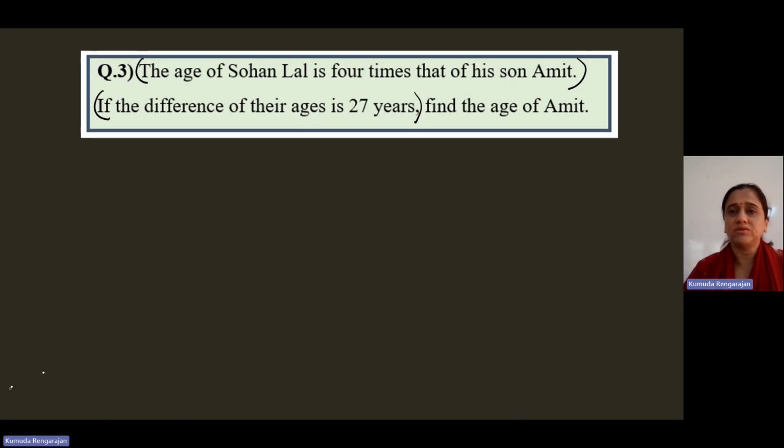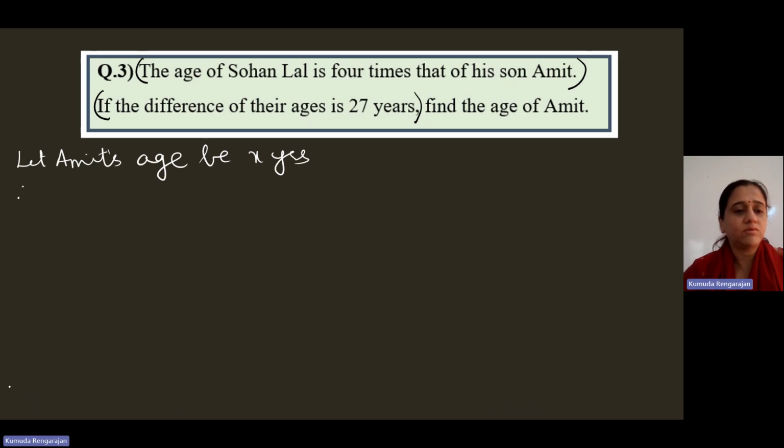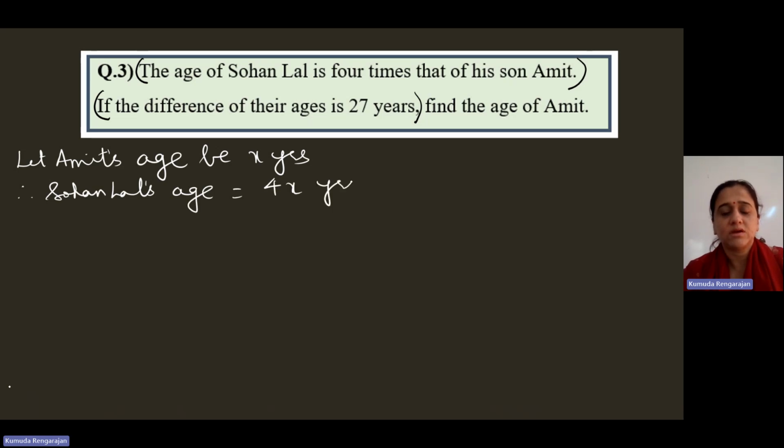Once you construct the equation, you solve it and find the value of x, which is the age of the son Amit. So let Amit's age be x years. Therefore, Sohan Lal's age is 4x years. Assumption is over. Now the equation.